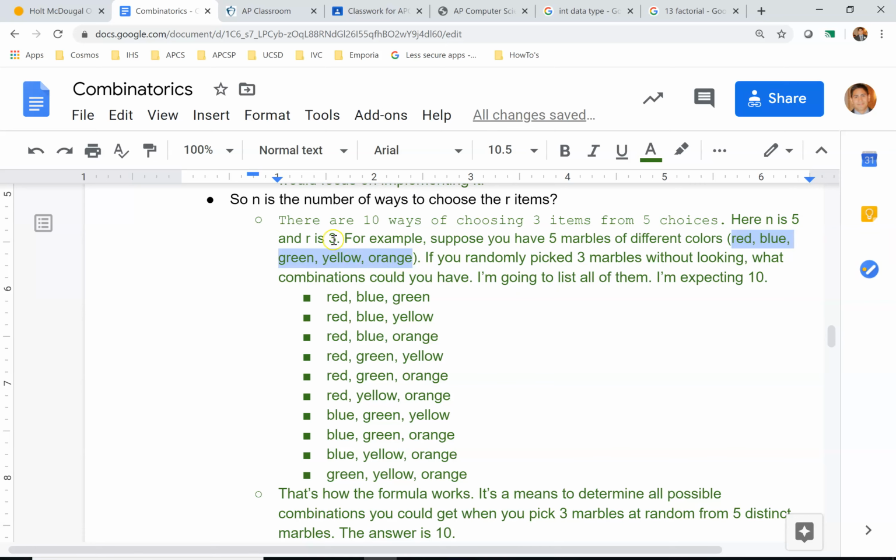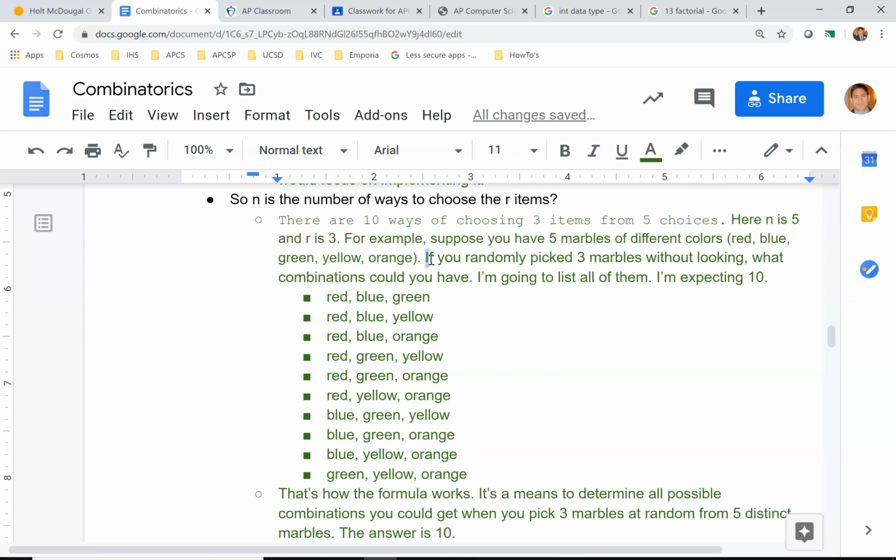And then r is supposed to be, okay, well, what if you want to select r number of marbles from the 5 that you have? Well, suppose you want to select 3 marbles randomly from your 5 possible choices. So you have 5 marbles, say you have them in a hat, and then you reach into the hat 3 times and pull out a marble each time. And the question is, what combinations could you get?